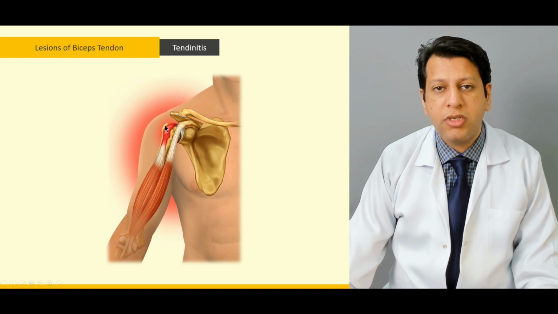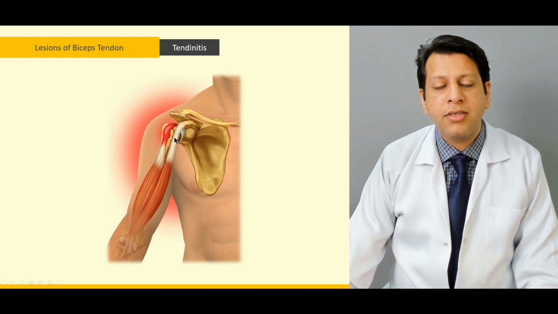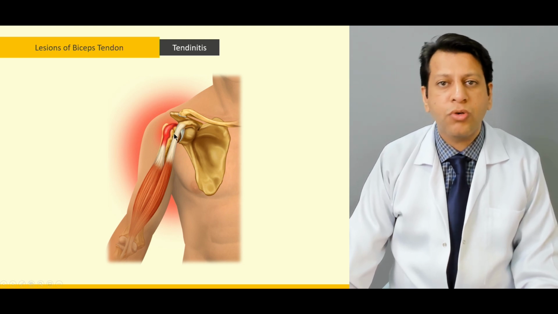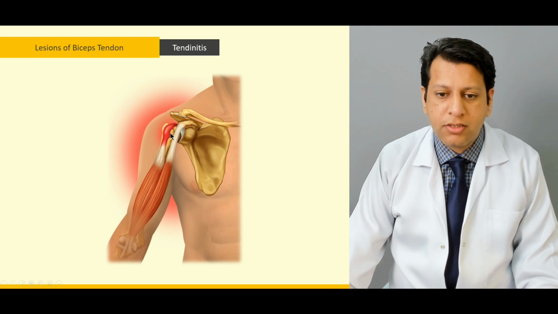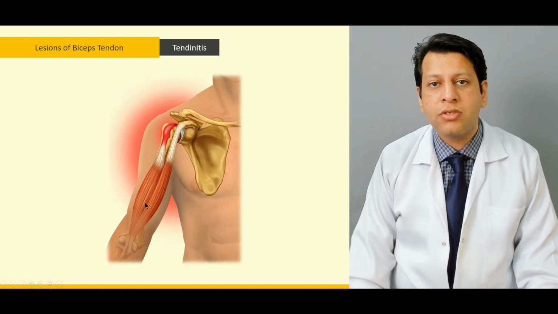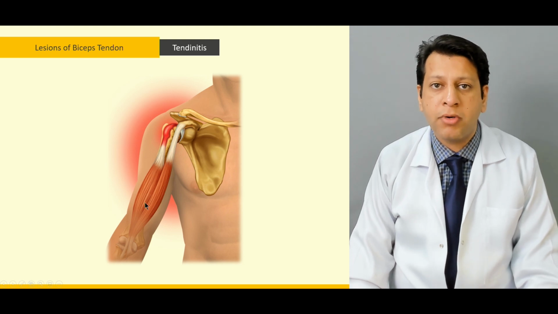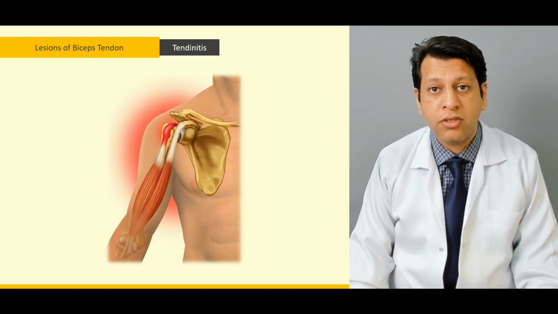That is a groove which is present between the greater tuberosity and the lesser tuberosity. On the top of it is the covering transverse humeral ligament. As it descends down from this onward, it attaches onto the bicipital tuberosity of the radius.